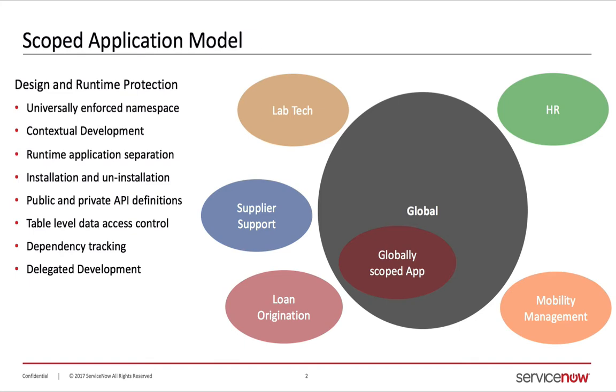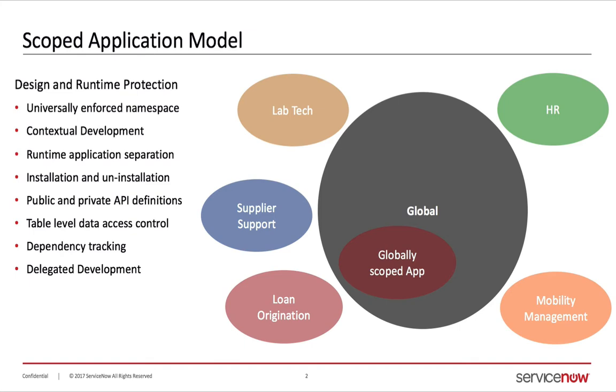Let's talk about some of the benefits of the scoped application model. You get design and runtime protection. Your application files universally enforce namespace. You have contextual development, runtime application separation, the ability to install and uninstall apps that have been deployed to production instances.